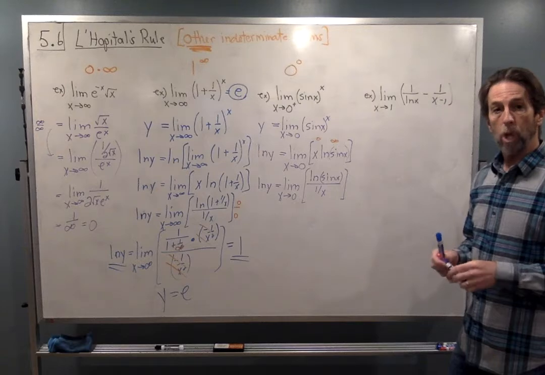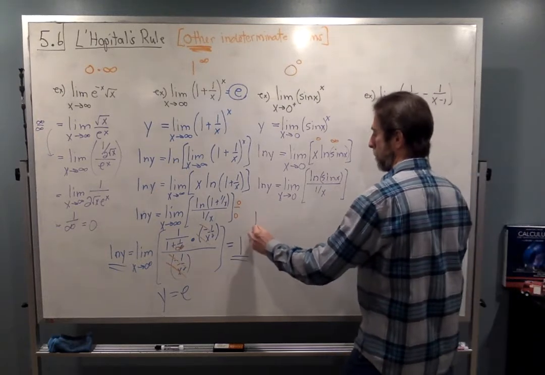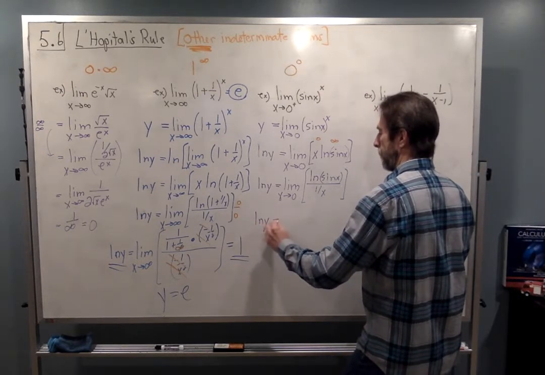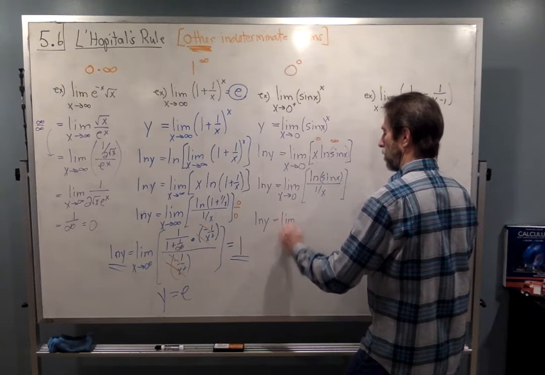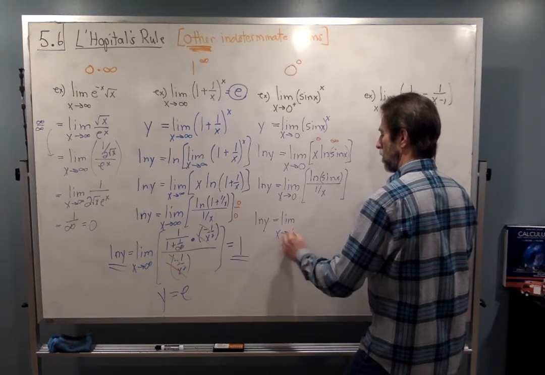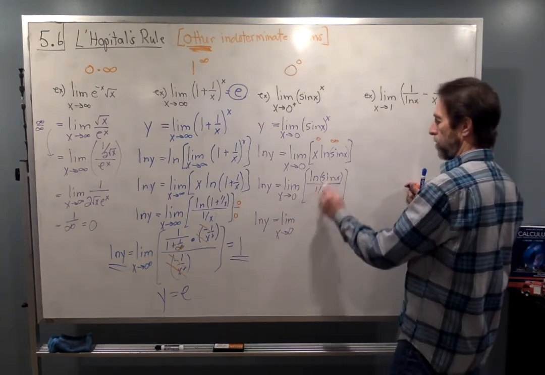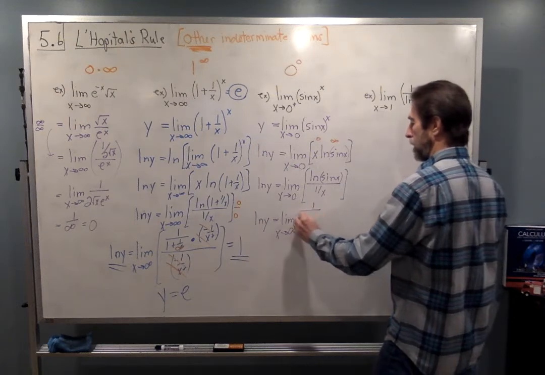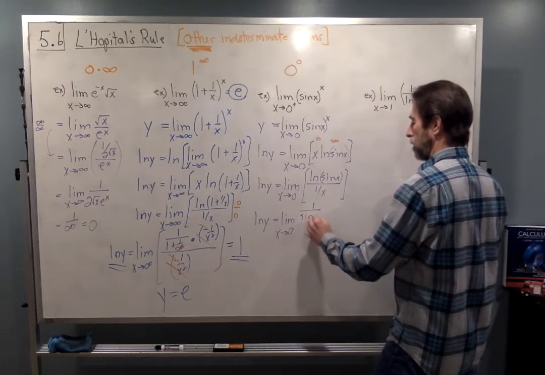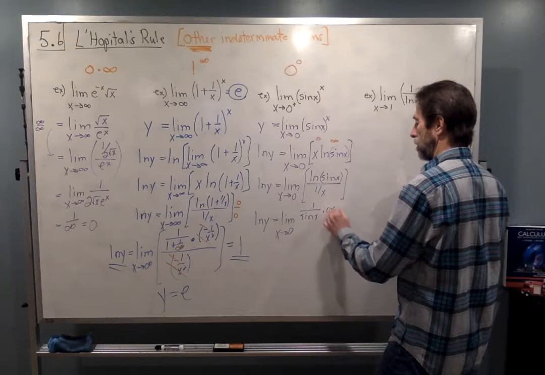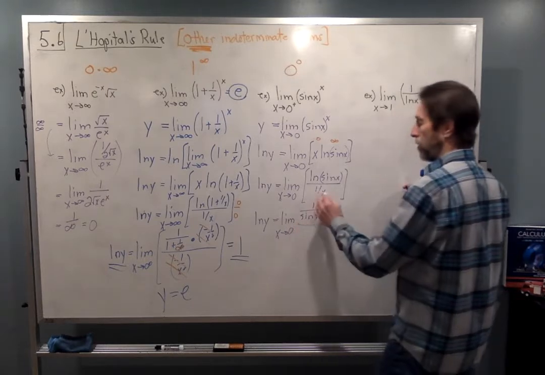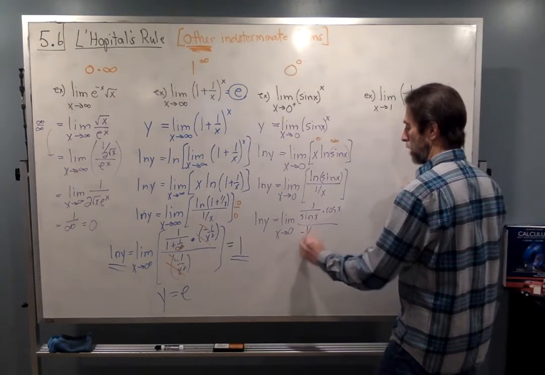I'm now going to use L'Hopital's rule. The derivative of this is 1 over sine times cosine. The derivative of 1 over x is negative 1 over x squared.